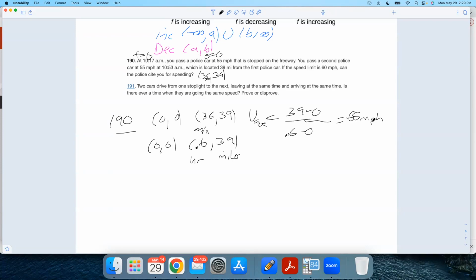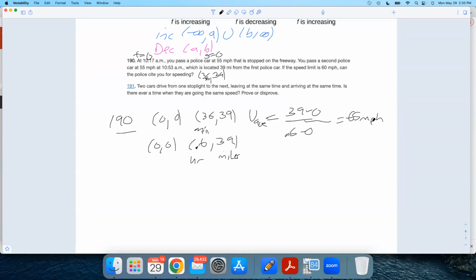Continuous doesn't necessarily mean differentiable, but position is always differentiable, and our velocity will always be continuous. So remember that for your physics classes later. Your position function is always differentiable on any open interval. So we meet the conditions of the mean value theorem.